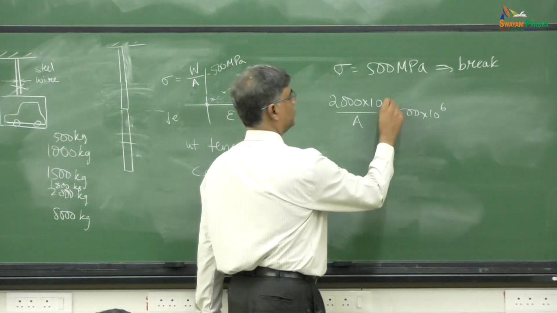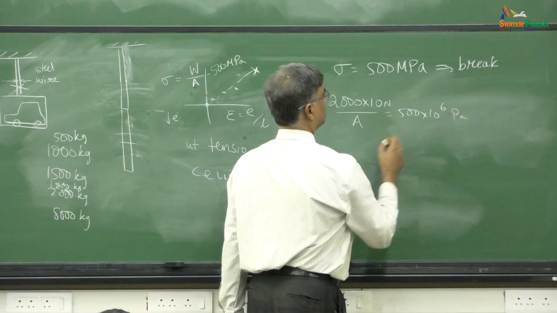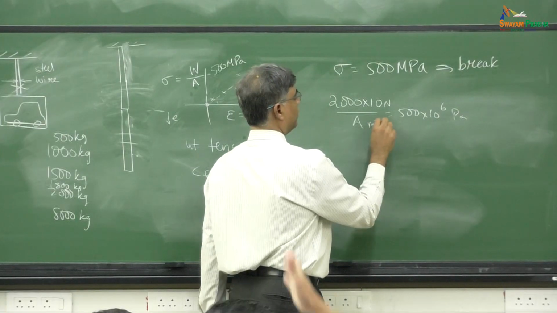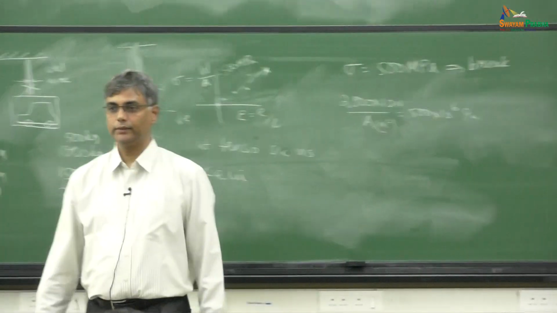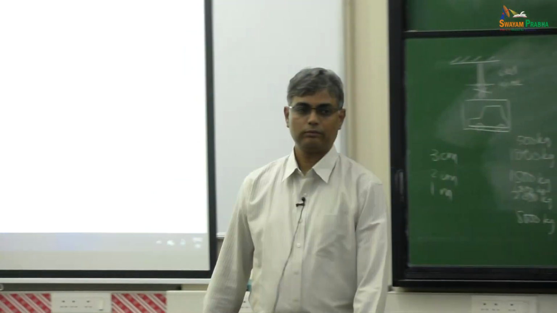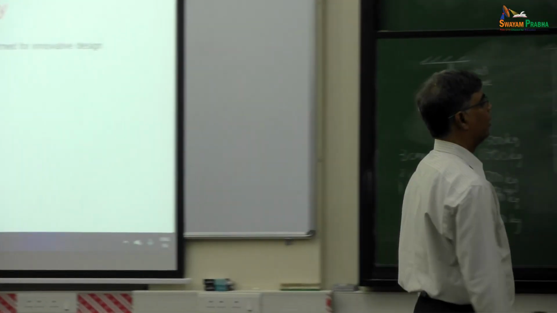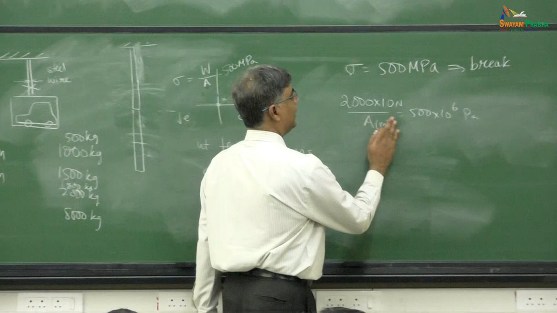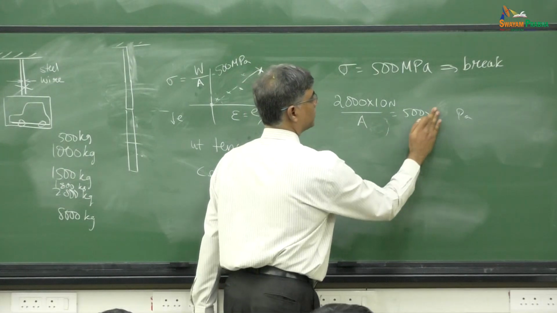Okay, so this is newtons and this is pascals. So this should be in square meters. Or if you want it to be in square millimeters, I can just remove this.